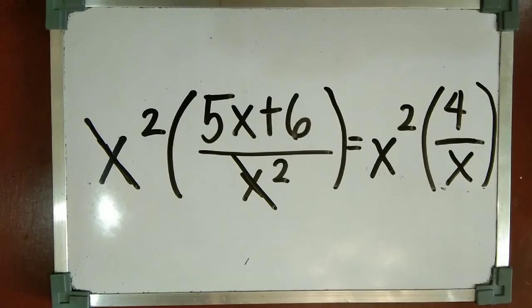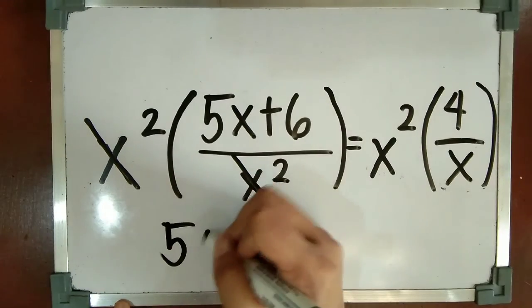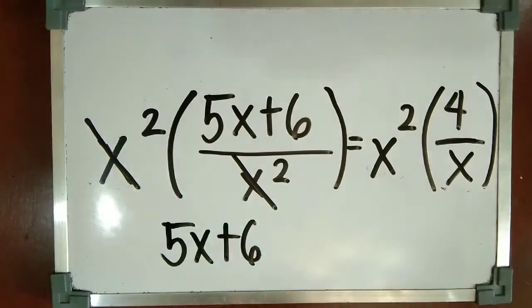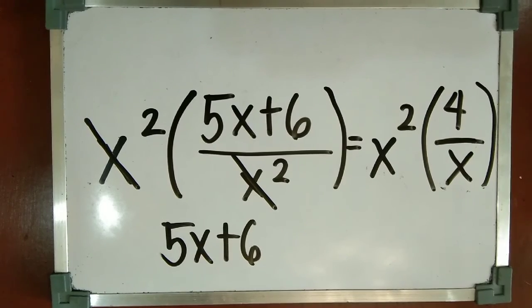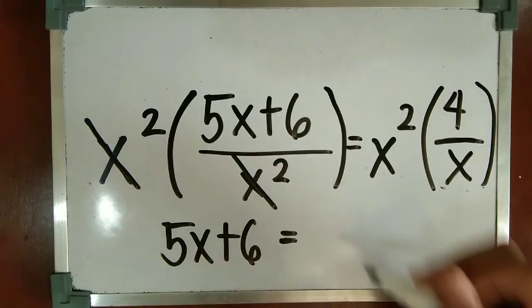Cancel out similar terms, which is x squared. So it will be 5x plus 6. On the other term, x squared divided by x is equal to x, times 4. It will be 4x.